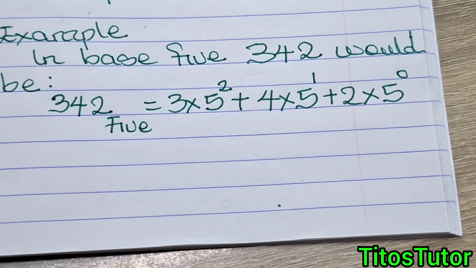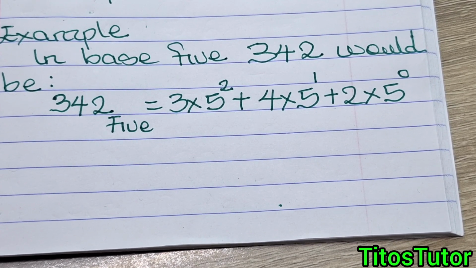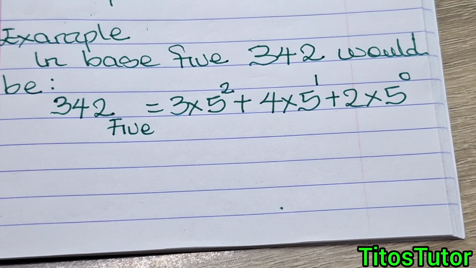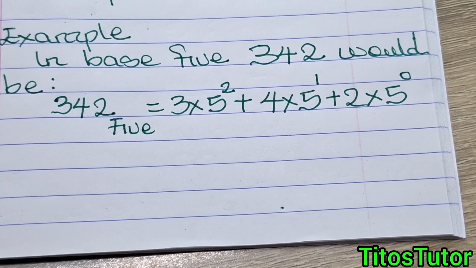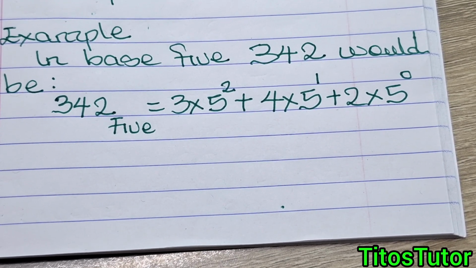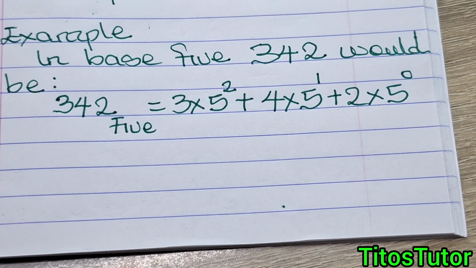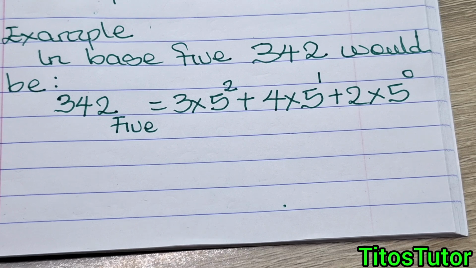If I want to expand that, you know that 342 is a number with 3 digits. So 3 minus 1 is 2. So my first power of 5 will be 2. So it's 3 times 5 raised to the power of 2 plus 4 times 5 raised to the power of 1 plus 2 times 5 raised to the power of 0.